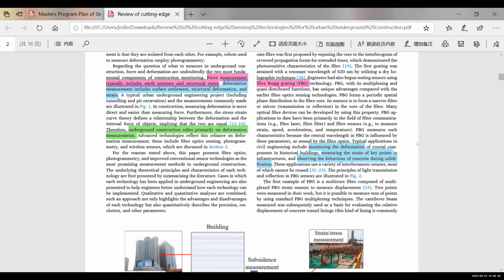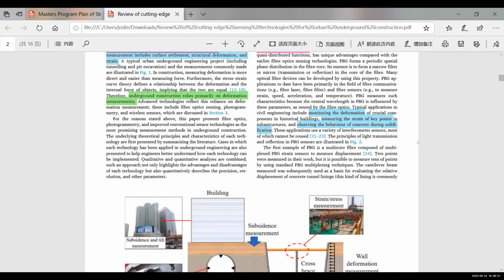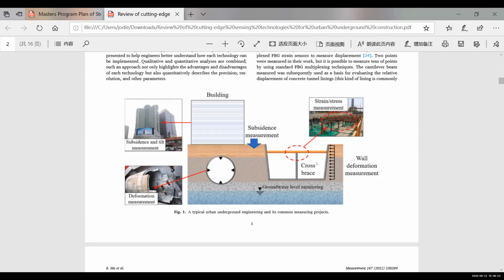It could monitor the deformation to measure the strain of key points and observe the behavior of concrete during solidification. This picture shows a typical urban underground engineering, the subsidence and tilt measurement. And this is the deformation measurement. And this could test the strain and stress in the pit.